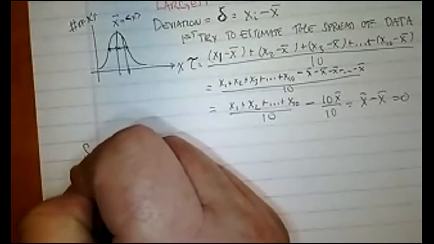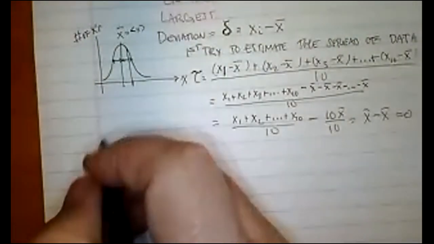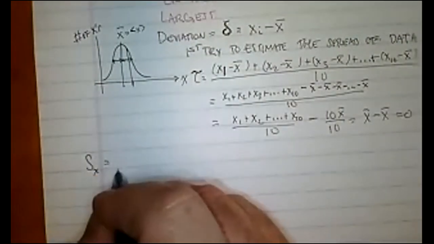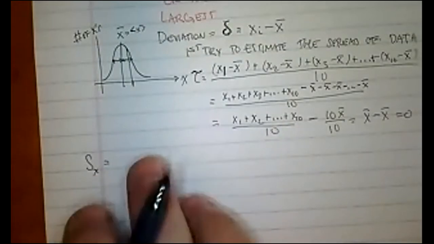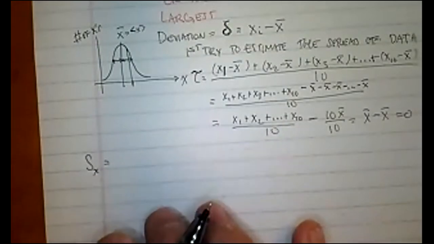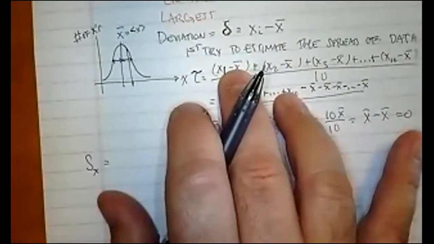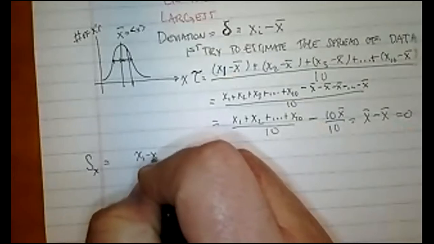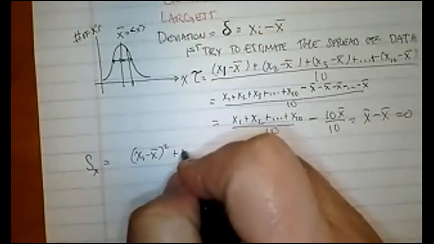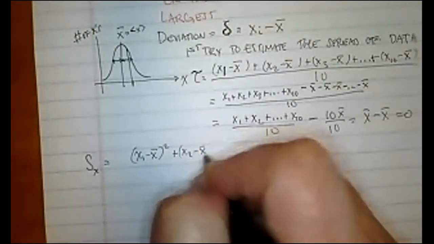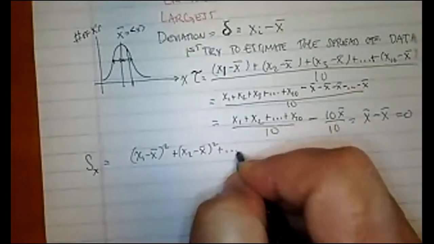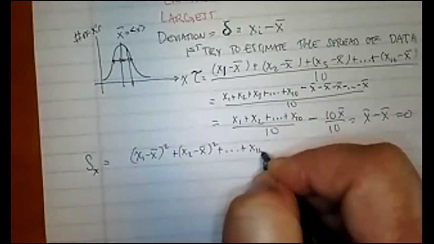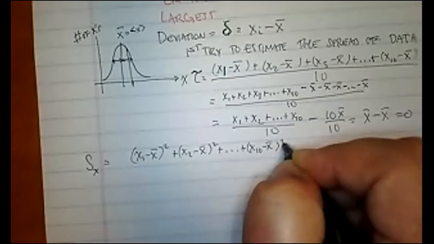So we defined this thing called S sub x. I'm going to consider taking the mean of this, but in such a way that none of these terms are negative. So I'll take x1 minus x bar and square it, then x2 minus x bar and square it, and so on up to x10 minus x bar squared.